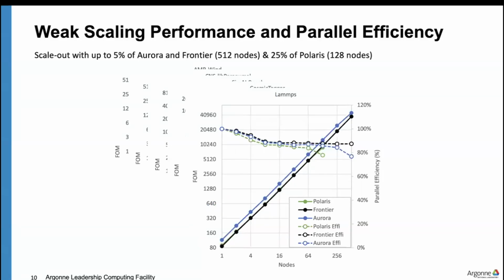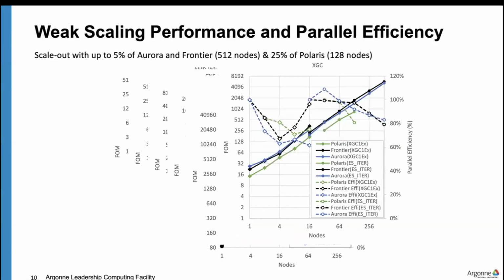In the LAMMPS case, the efficiency drop is pretty similar across systems, and Aurora is faster than the other two systems. In the XGC case, even though we use weak scaling, we use two inputs, one for the small number of nodes and one for the large number of nodes, and the efficiency changes quite a lot, as we see here, right?